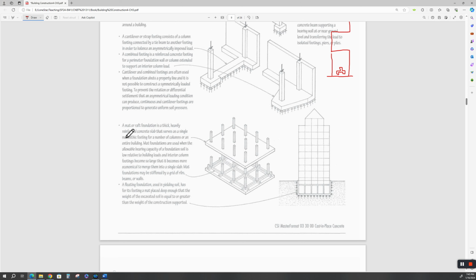But this is an example of a mat or a raft foundation. Okay. Mat foundations are used when the allowable bearing capacity of a foundation soil is low relative to building loads and the interior column footings become so large that it becomes more economical to merge them into a single mat.